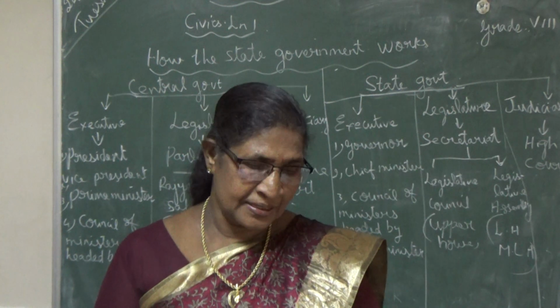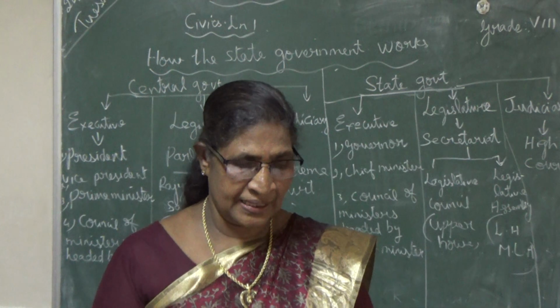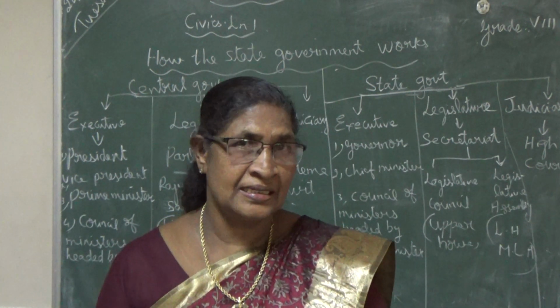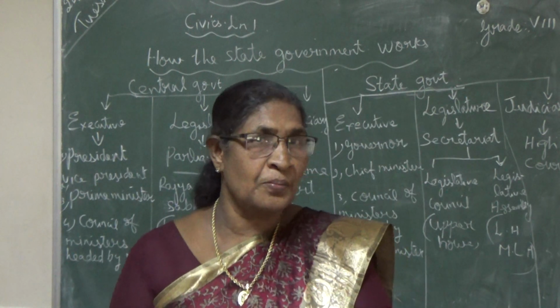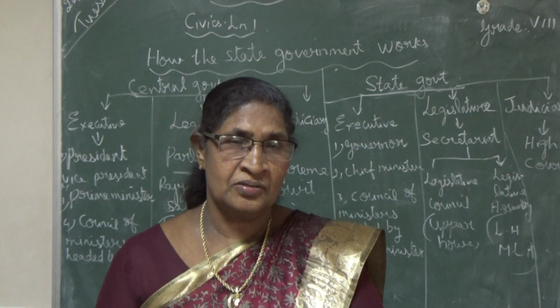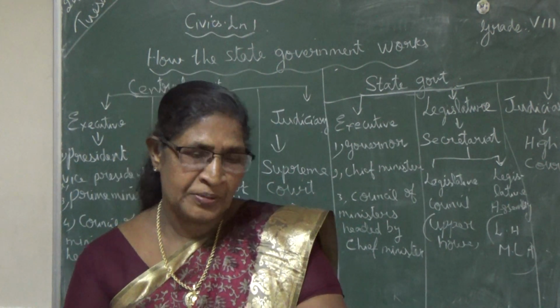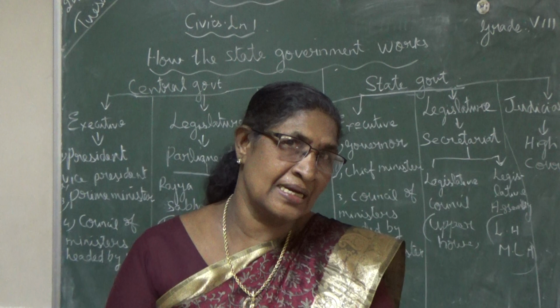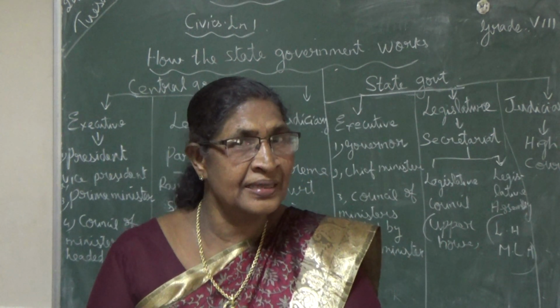Like that he appoints the leader of the majority party of the state legislature as the chief minister. So the chief minister is appointed by the governor. Who is the chief minister? The leader of the majority party of the state legislature. He is appointed as chief minister by the governor.